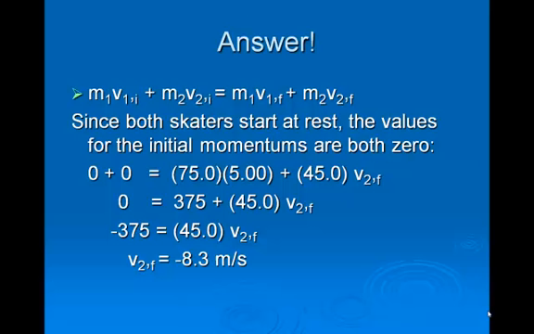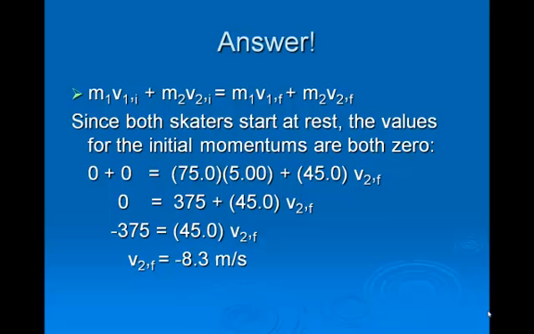Since both skaters are starting from rest, again, the initial momentum of the system must be 0. Then simply enter the values for the known skater in terms of their velocity and mass.